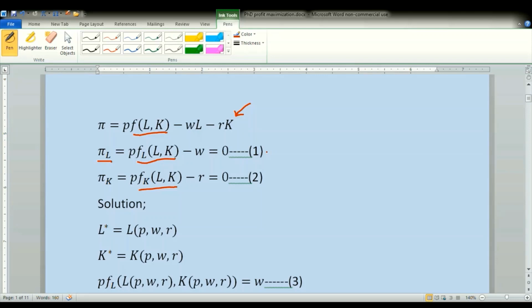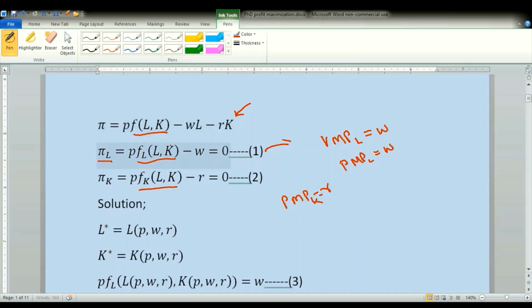And I could have written this equation as value of marginal product of labor equals W, or P times marginal product of labor equals W. Similarly, this is value of marginal product of capital, that is P times marginal product of capital, and we are saying that this should be equal to R. Bringing W and R on the right hand side would do that.